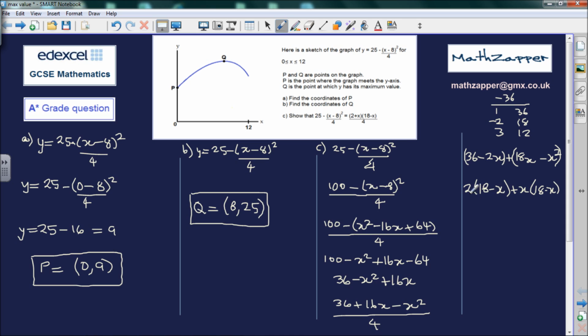And then we can see that the factors of this are (2 plus x) multiplied by (18 minus x), and remembering that it's all over 4, that answers part C. Show that 25 minus (x minus 8) all squared divided by 4 is equal to (2 plus x) all multiplied by (18 minus x) all divided by 4.